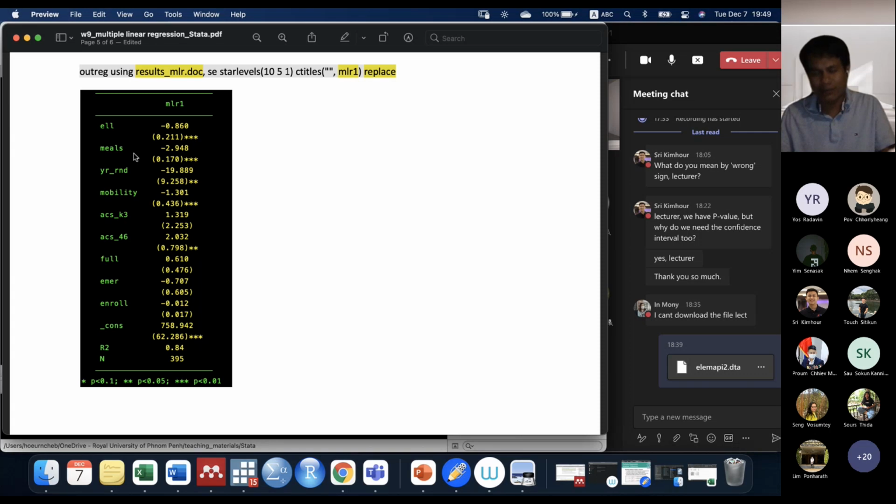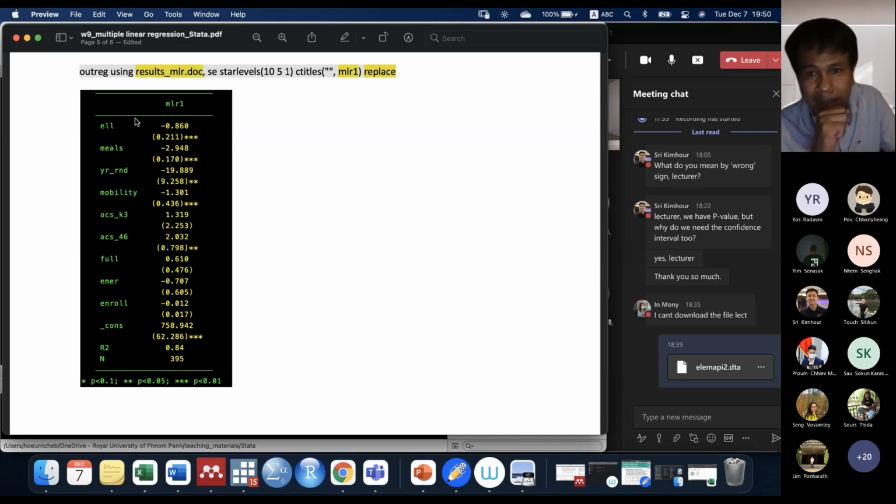When I say good result, you do not obtain any wrong sign. You get the result that you expected. If it is not expected, either your model is wrong, or you must have a reason to explain it. Otherwise, it is not a certified result. After you obtain a certified result, then you can extract it into this table. And with this table, it's very easy to interpret.